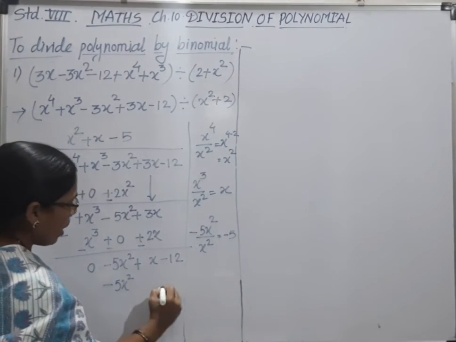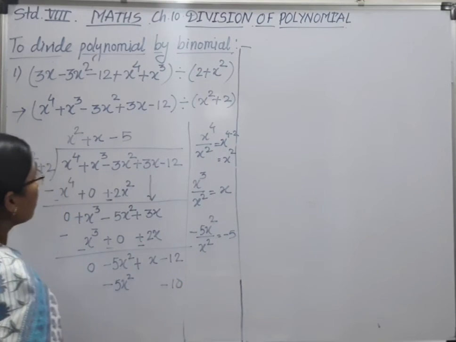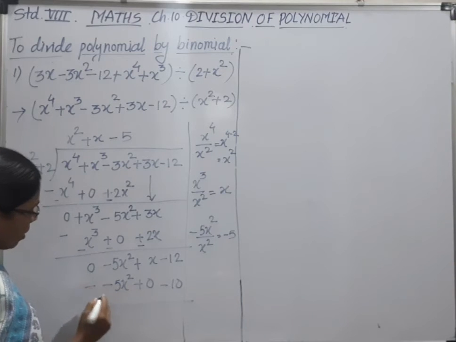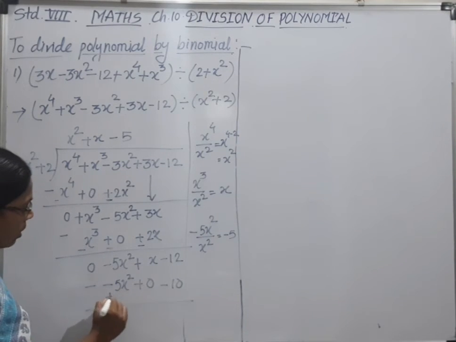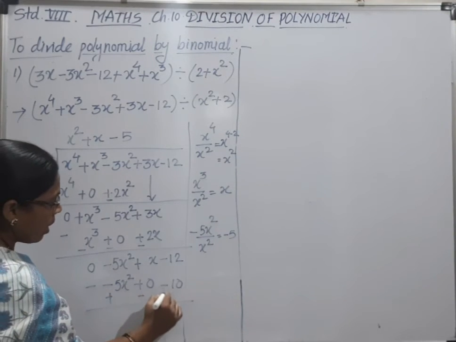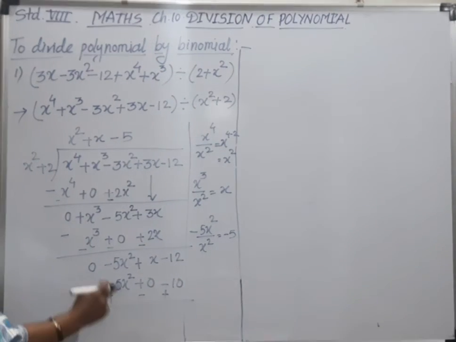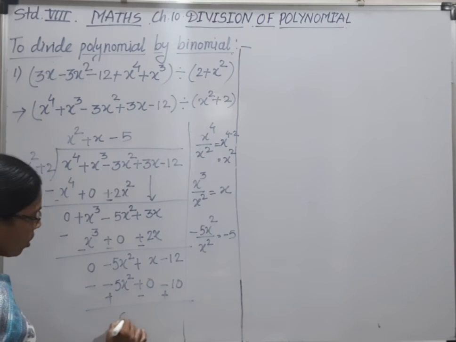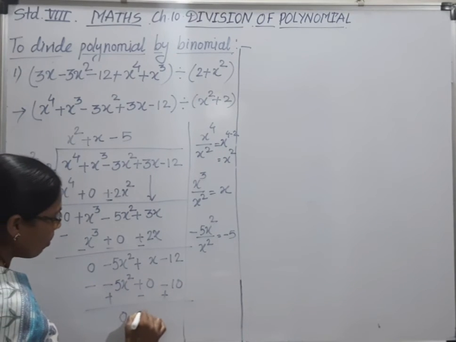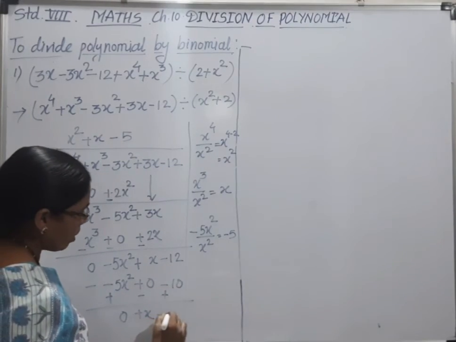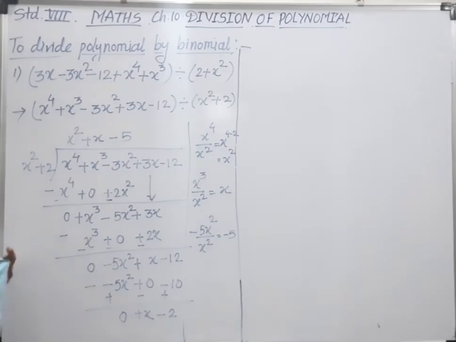So we have to write in that last column only minus 10, and here will come nothing. Minus, because of this minus sign, this sign will change, plus, minus, and again here plus only. So minus 5 plus 5 square, 0, that is here plus x, and here minus 12 plus 10, that is minus 2. So x minus 2.